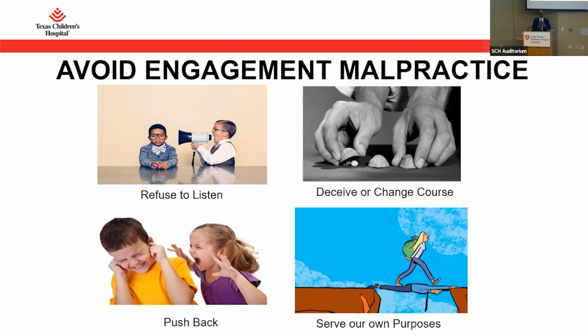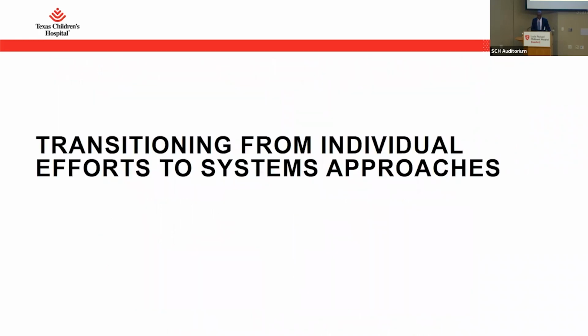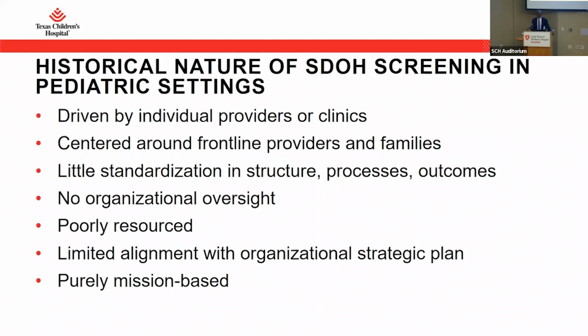So again, just to summarize, all these new forces are the things you have to think about in screening for social determinants of health. What I want to talk about is that historically, it's been driven by individual providers and individual clinics.